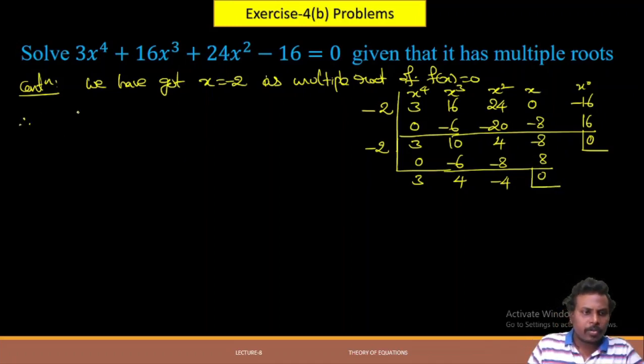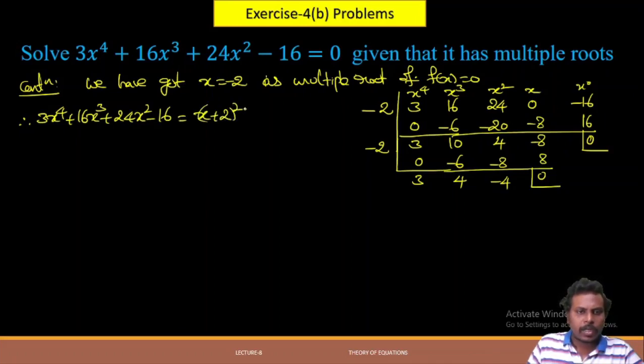Therefore 3x⁴ + 16x³ + 24x² - 16 = (x + 2)²(3x² + 4x - 4).